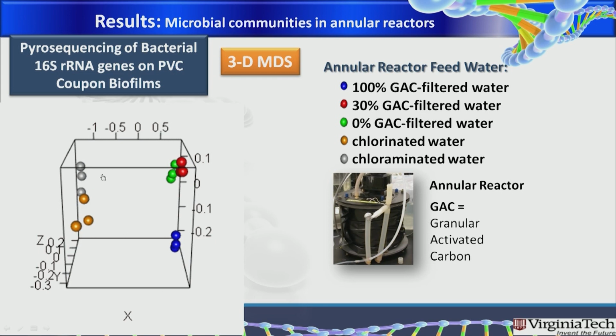In 3 dimensions you can see, actually this is a movie, it's not playing, but again from pyrosequencing information you can see how the blue ones cluster together and all of them cluster together. So we notice that whether you are doing GAC filtration, which is granular activated carbon filtration, and chlorinating or chloraminating water will make a big difference in the microbial community of your drinking water.